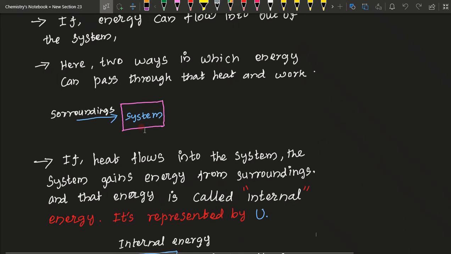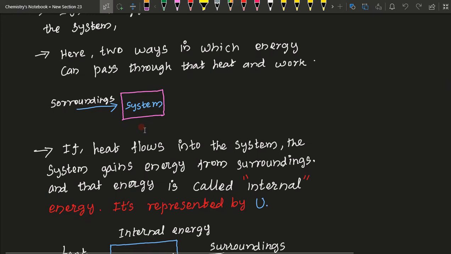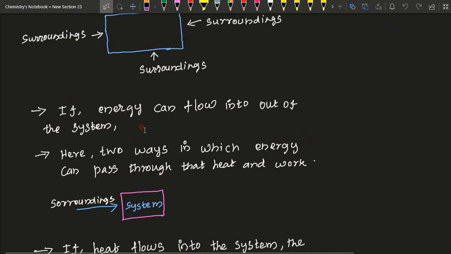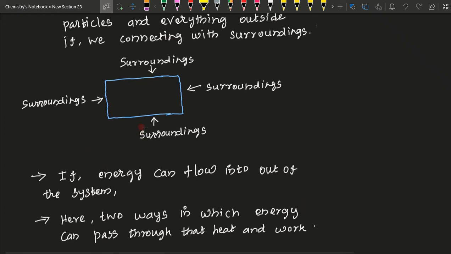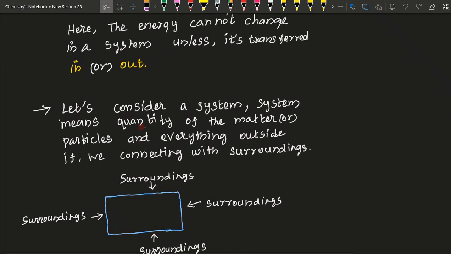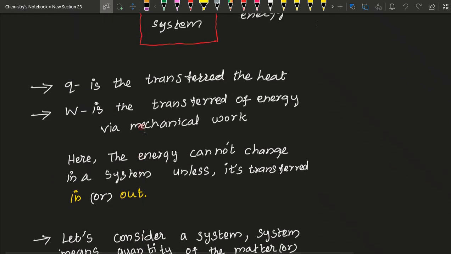If heat flows into the system, it gains energy from the surroundings, and that energy is called internal energy. It is represented by U. Internal energy is U, but there is some mistake here, I think.